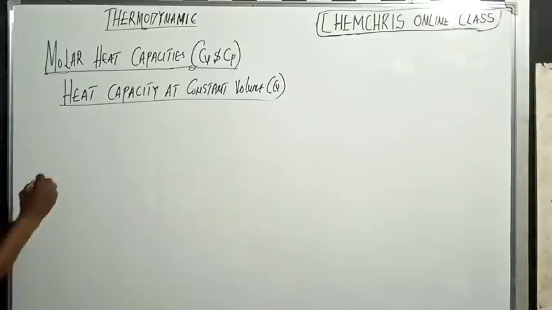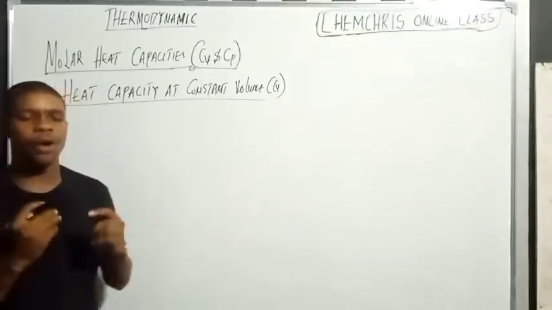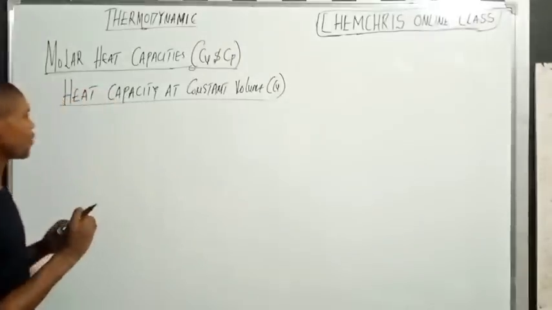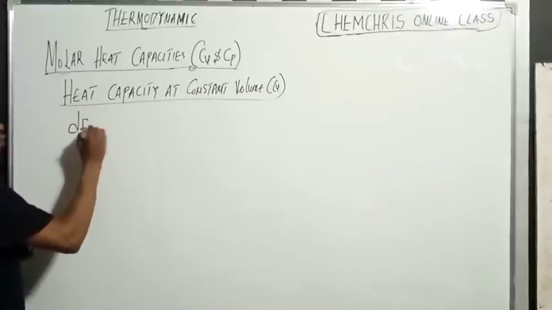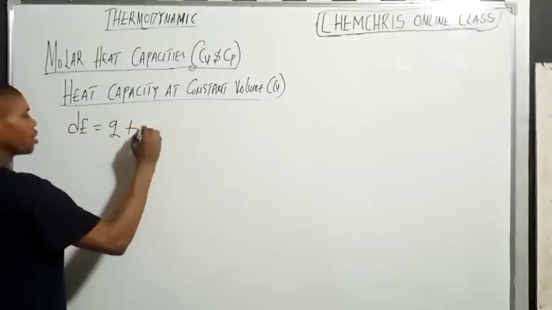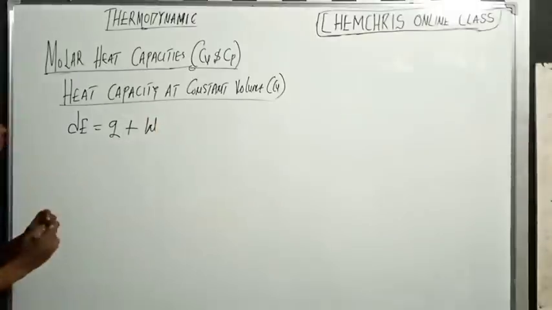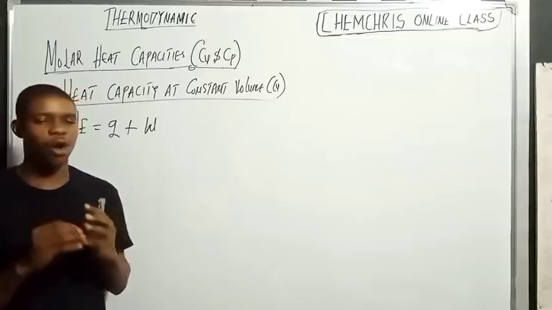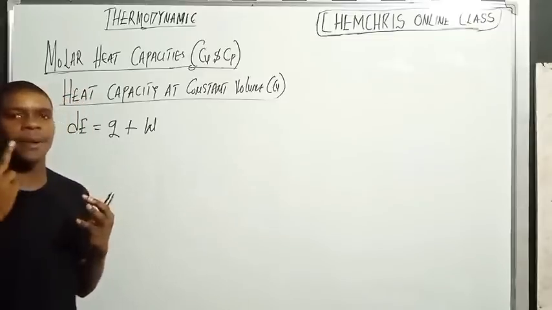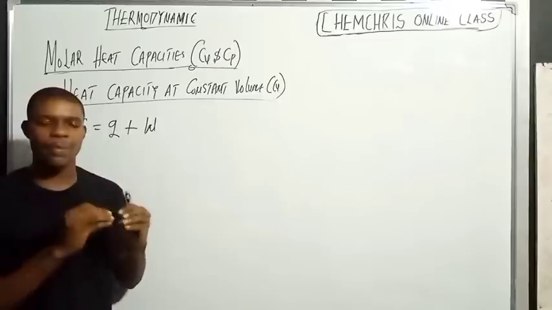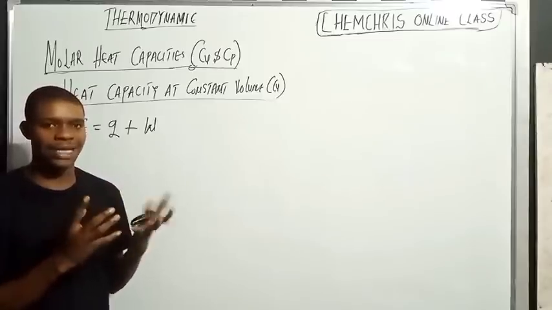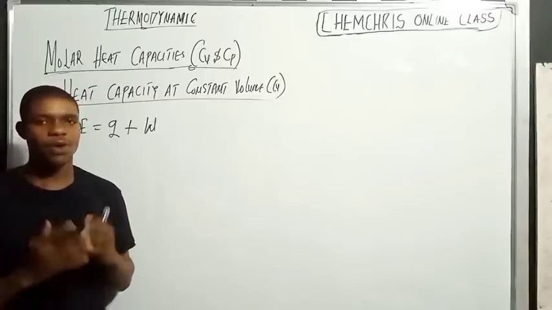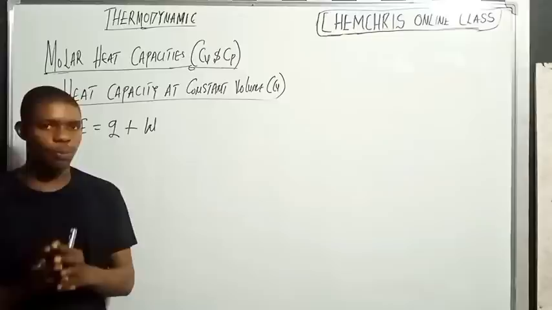Remember, now we talk about change in internal energy. We have a formula that change in E is equal to Q plus W. When I talk about internal energy of a system, there are two ways in which work can be done: by the system or on the system, so it can be either expansion or compression.